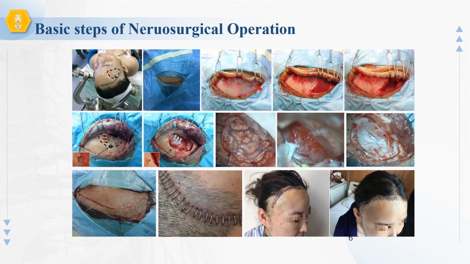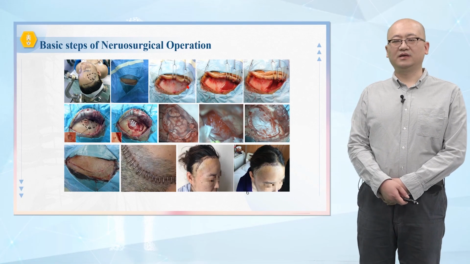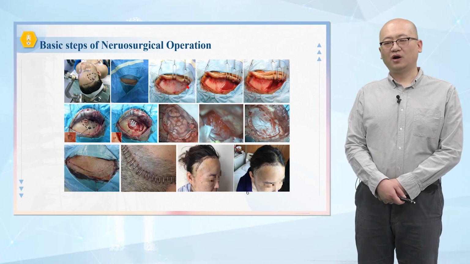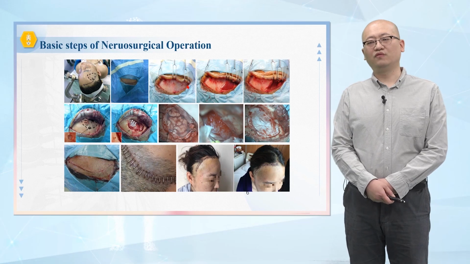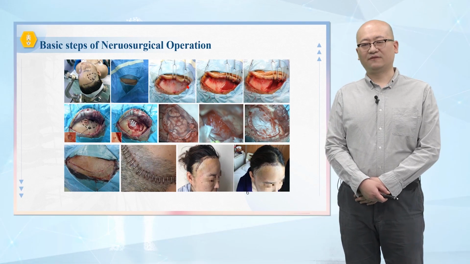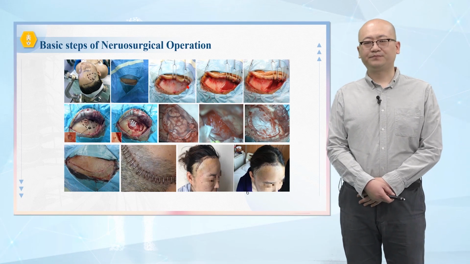After we sterilize the surgical field, we cut the skin and expose the subcutaneous tissue and the muscle, and expose the skull. We drill a hole in the skull and remove the bone. Of course, we keep the bone, and after the surgery, we replace it.